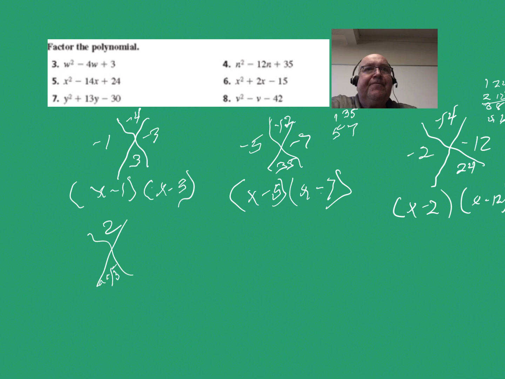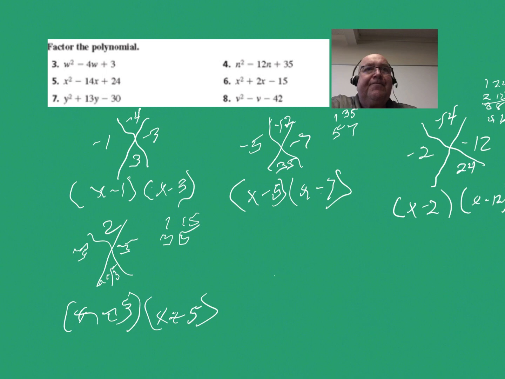We're going to find a difference here, 1 and 15, and 3 and 5. So our 5 is positive, our 3 is negative. X minus 3, x plus 5. I'm down at the bottom of the iPad and it's not comfortable writing.